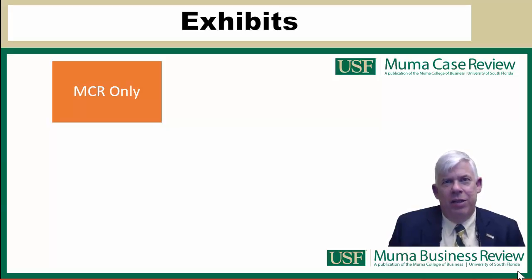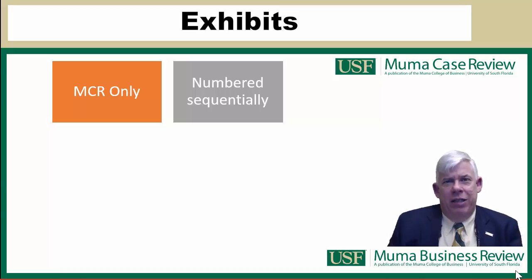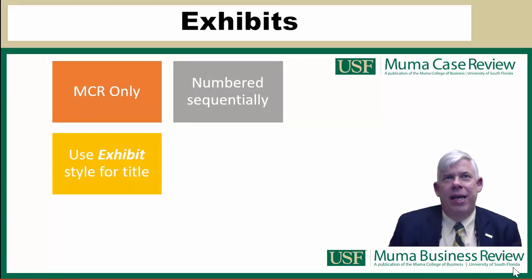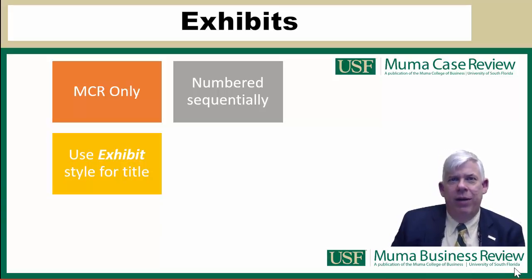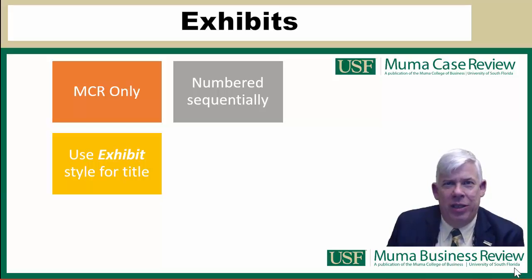First off, it only applies to the Muma Case Review, both technical notes and cases. Exhibits are numbered sequentially, not surprisingly. They should use the exhibit style for the title. The exhibit style is actually a heading 2 style with an underline and a little bit of other formatting added to it. But that's how it should be designated.